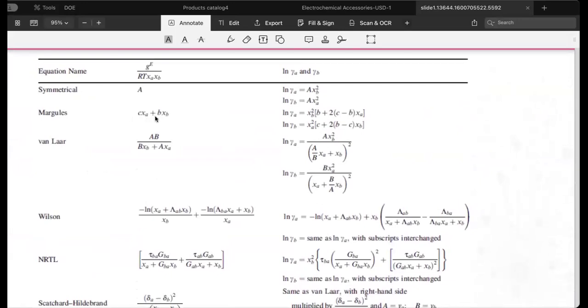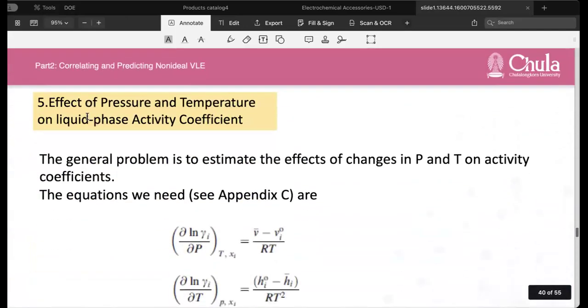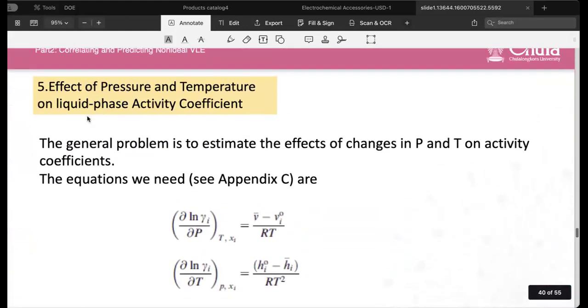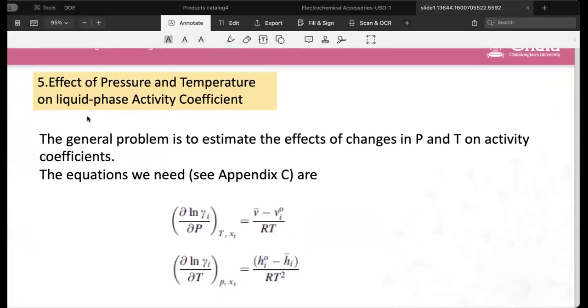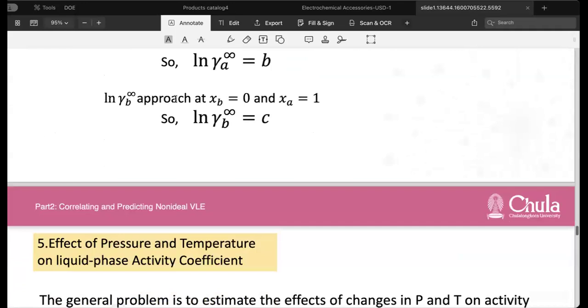You can use two parameters, B and C, and you obtain the Margules equation or Van Laar, whatever it is. And the other way is to use the activity coefficient at infinite dilution. With 2 points you also obtain the parameters.